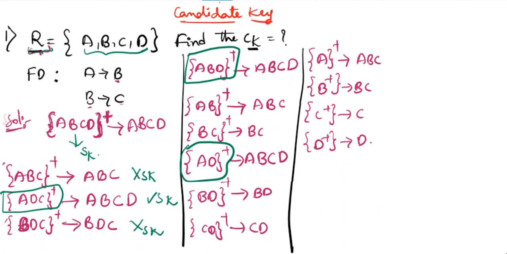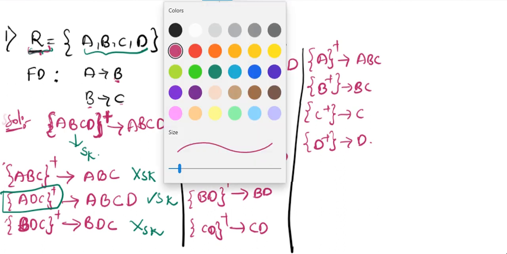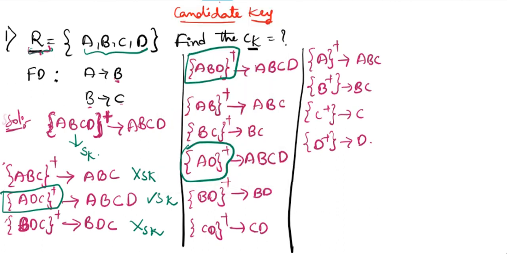Next, what are all the possible subsets of this closure, and which subsets are super keys? Let us draw the super keys here.